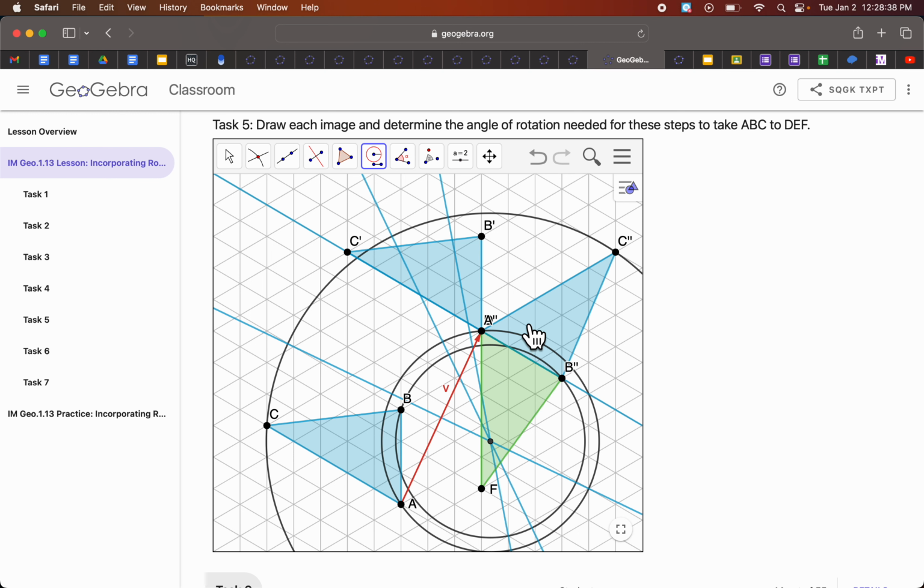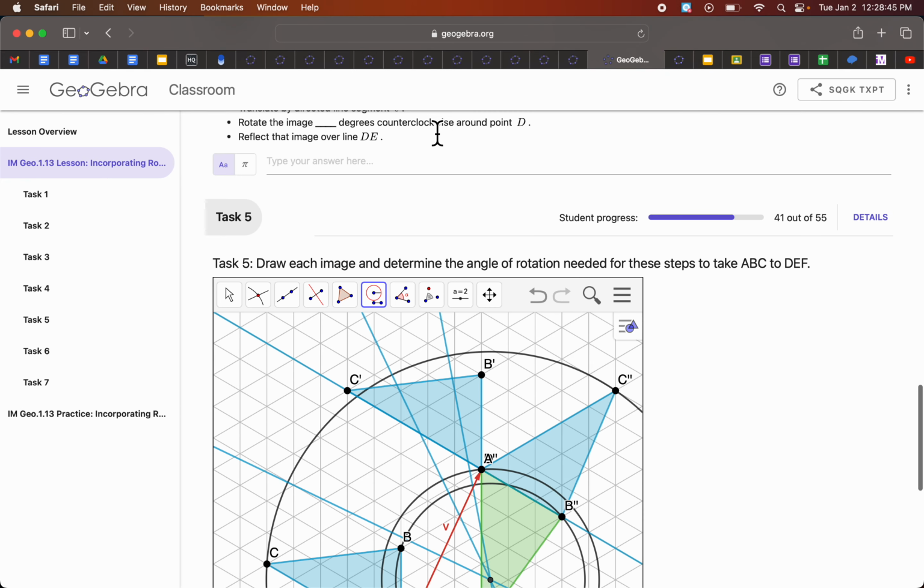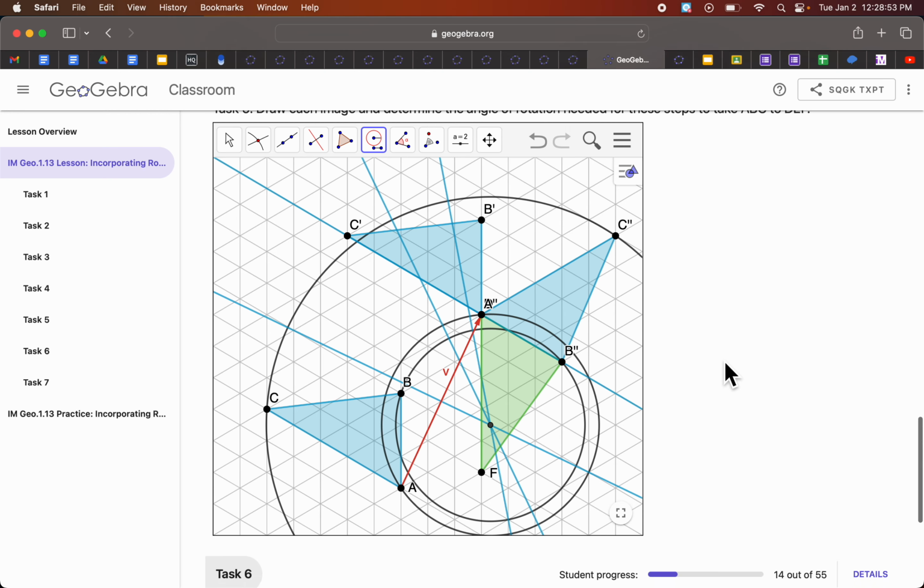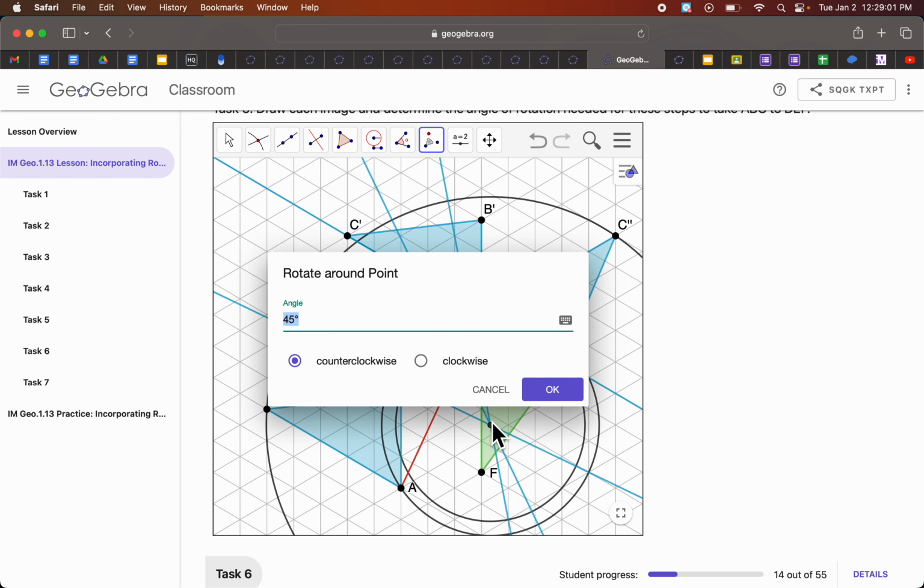Well, we can kind of think about it. How much did we rotate it before? Well, we rotated it either 240 degrees around that way or 120 degrees this way. So let's try it. Here we go. We're going to rotate this object around this point, and we're going to do it 120 degrees clockwise.